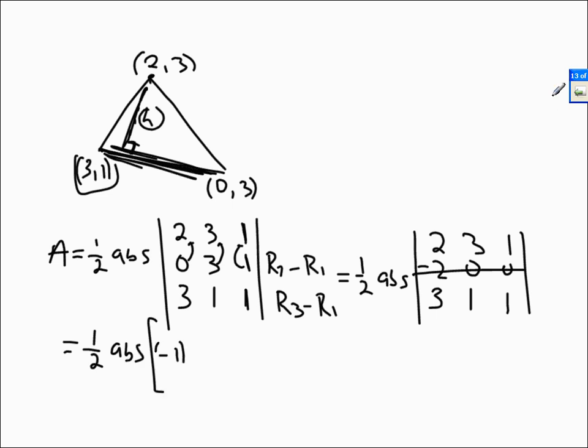It's -1. I'm expanding around row 2, but when it comes to crossing out columns, I only need to cross off column 1, because that's the only column where I don't cross off a non-zero number twice. Like if I went down here, I crossed off 0 twice.